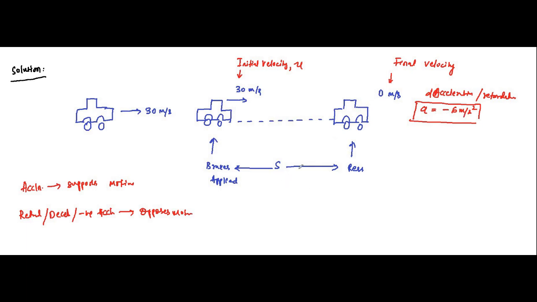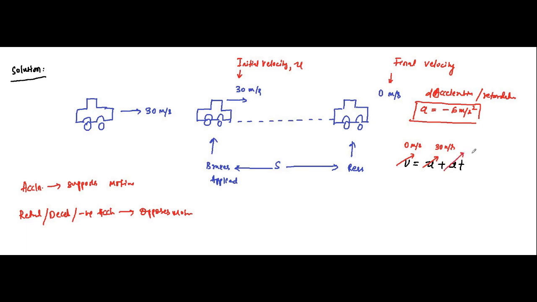So first we'll determine the time required. We'll determine the displacement or the distance traveled later. So here we'll be using the equation of motion, v is equal to u plus at. Final velocity is known, 0 meter per second, the car came to rest. Initial velocity is known, it is 30 meter per second.